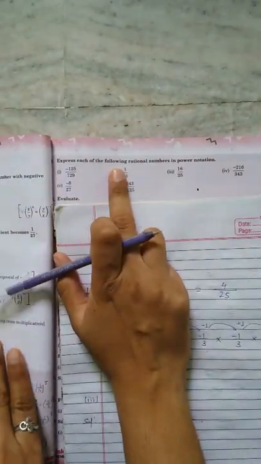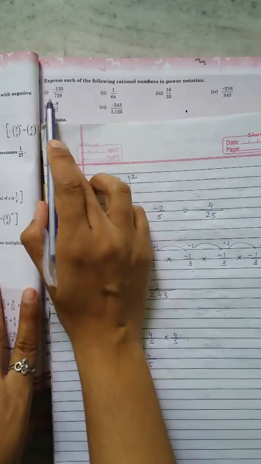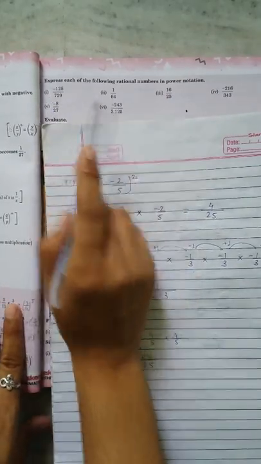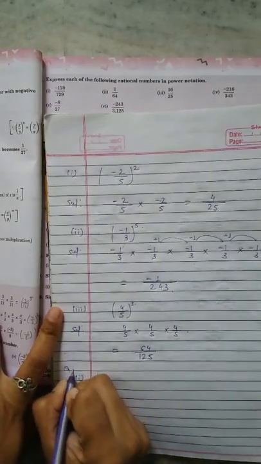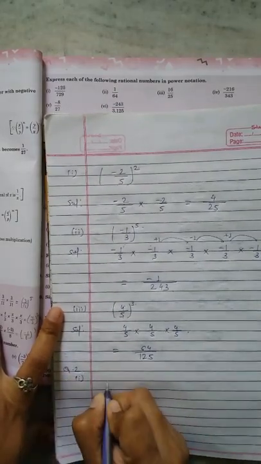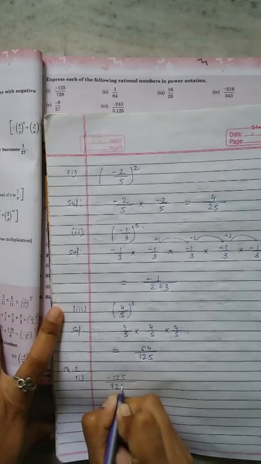Express each of the following rational numbers in power notation. Now we have to express the following rational numbers in power notation. So how is it represented? Question number first is minus 125 upon 729.